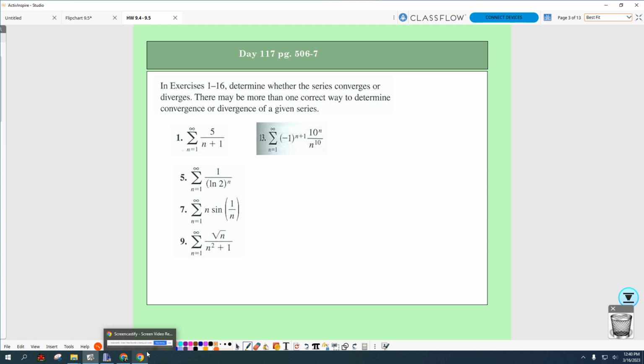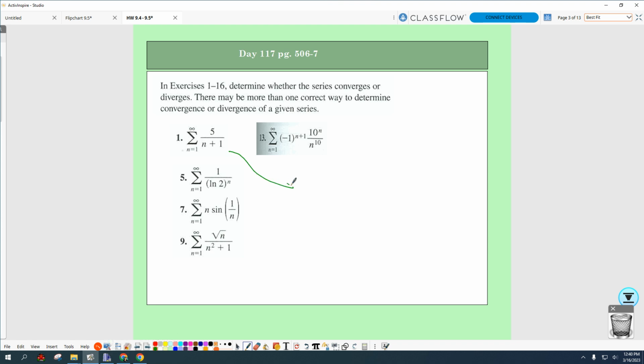Or wait, the nth term test is when it goes to, it can tell you if it diverges, but nth term test only tells you if it diverges, and as n goes to infinity, that goes to 0, so that doesn't work. So ratio test? It's going to converge or diverge, that first one.